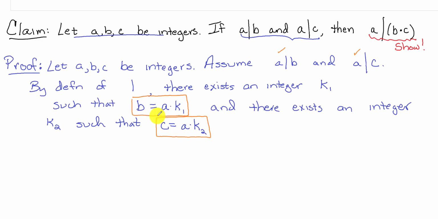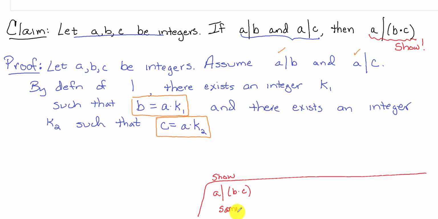Now let's see, what is it that we're trying to show? What I'm trying to show, so I could go kind of down here into a dark corner by myself and say, what I'm trying to show is that A divides B times C. And by definition of divides, that's the same as showing that B times C equals A times some integer, I don't care, call it K3 or L or something different.